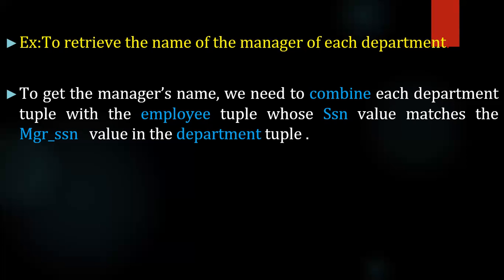If those two, SSN and MGR SSN, are equal, it means that SSN is also behaving as MGR SSN, means the employee is also behaving as a manager. So here we have found that to join these two tables, I need the equal operator. So we need to write an equijoin operation.